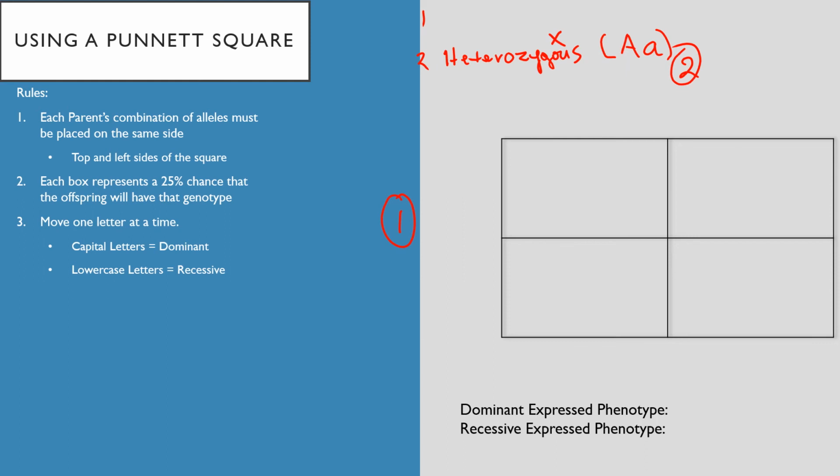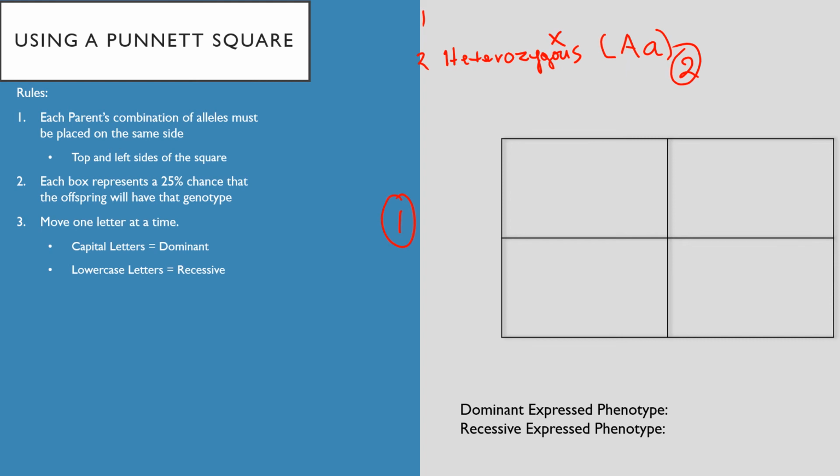Because in our first example, we had a homozygous dominant with a heterozygous, and there was no chance for a recessive phenotype coming out of their offspring. Our second example was a homozygous recessive with a heterozygous, but that would mean that one of my parents had to be blue-eyed, which they were not.